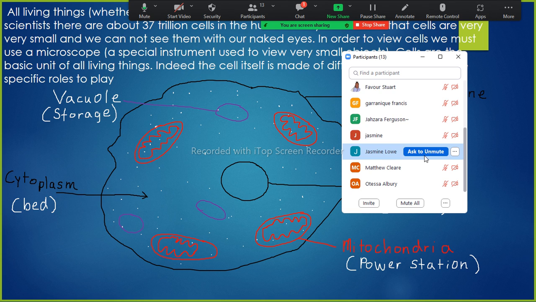All right, so let me go ahead and ask these questions. First question goes to Otessa. Are you there, Otessa Albury? Can't hear from her. Jasmine, are you there? Which part of the cell functions like a power station?